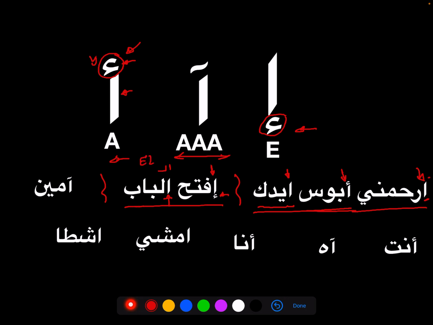So we have iftah al-bab, and in the middle there is an Aleph as well. It may be written in a different way, but it's still Aleph. The last word on the left side is Amin, and you may notice there is a madda on top of the Aleph.